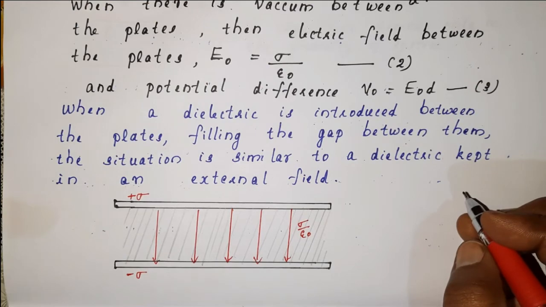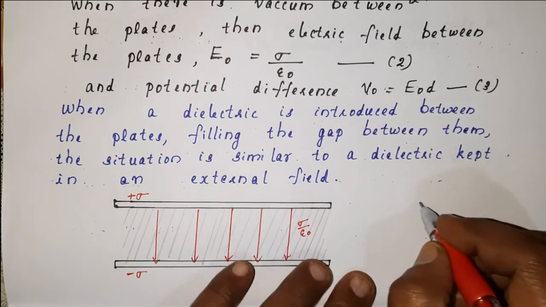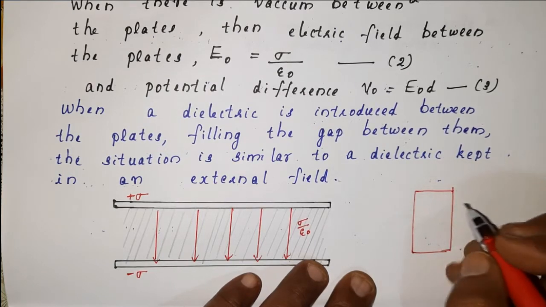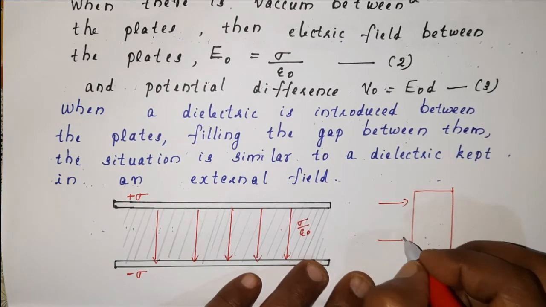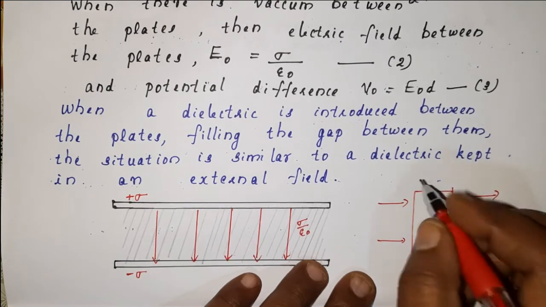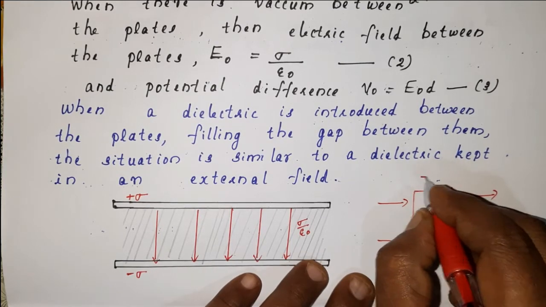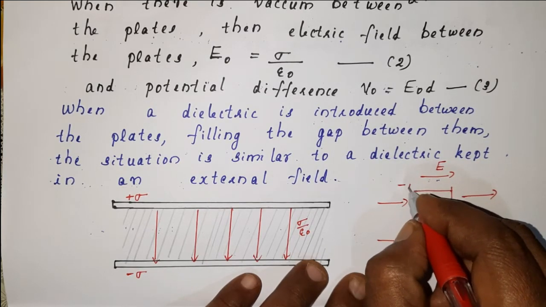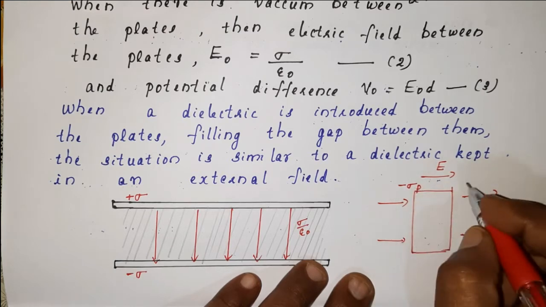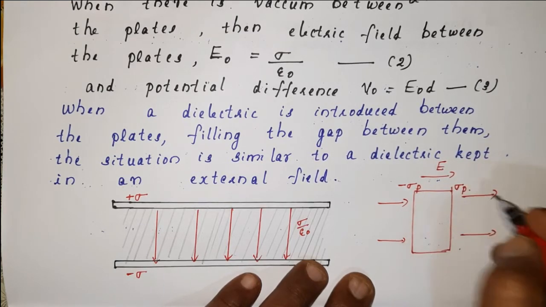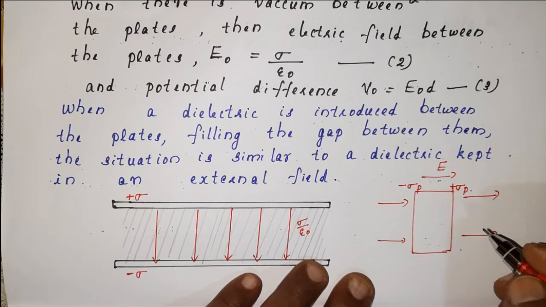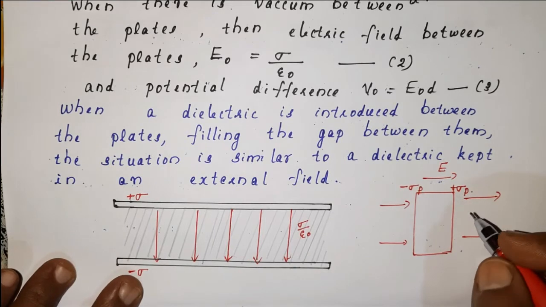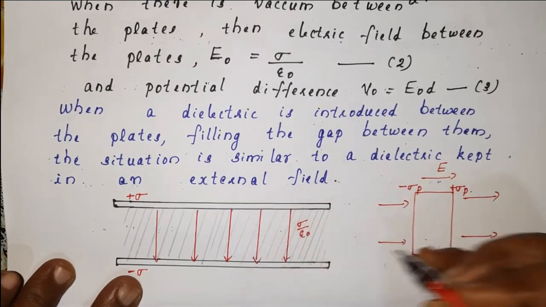Now you know, do you remember we discussed in one of the classes, when you keep a dielectric in the presence of an electric field like this, you will have a surface charge density. So this is the direction of the electric field. You will have a surface charge density minus sigma p on this surface and plus sigma p on this surface. We have already discussed the polarization of a dielectric in an external electric field. The same thing happens with this dielectric also.